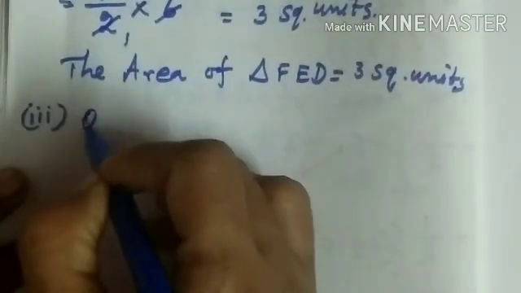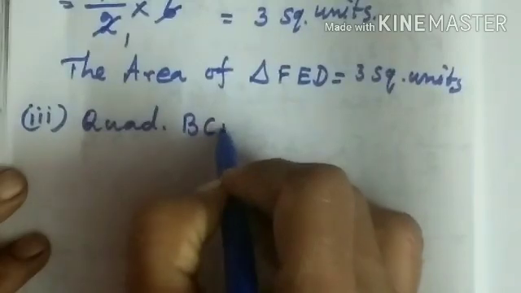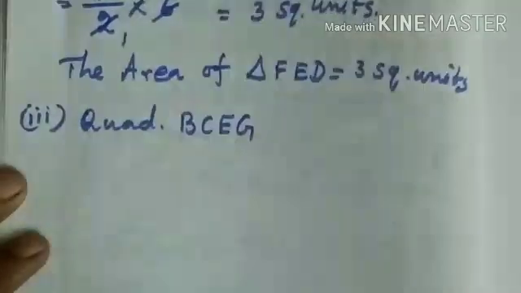Find the area of the quadrilateral BCEG.